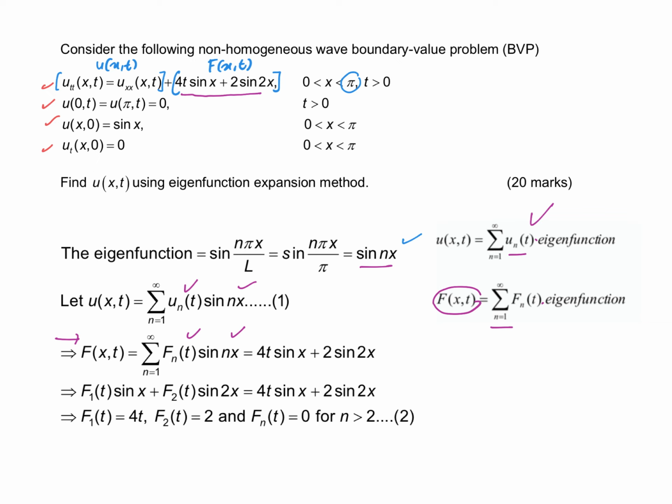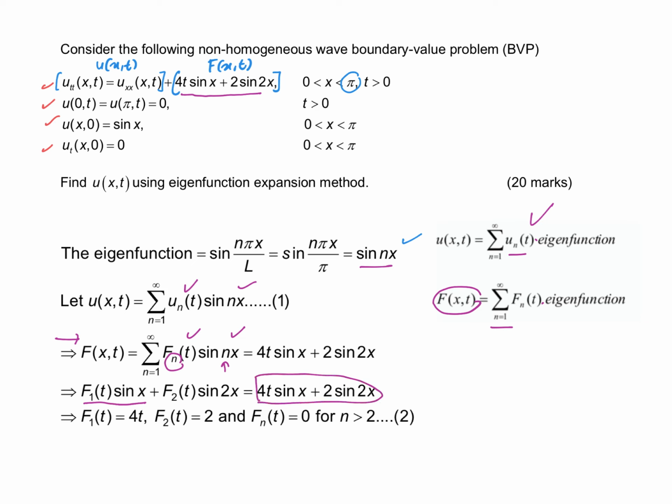Next, let's substitute the value of n here. Let's say we do n equal to 1. So we will get f1(t) sin x, and then we do n equal to 2. We just substitute 2 here. So we get f2(t) sin 2x. Okay, we do till 2 only because we want to compare with the right side.